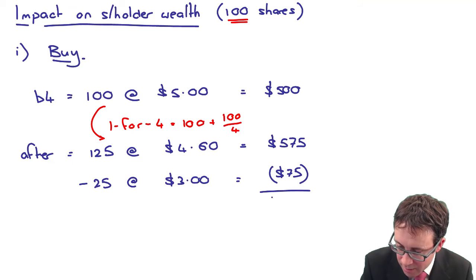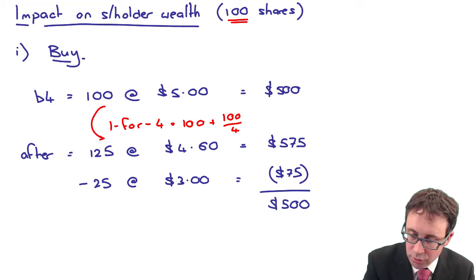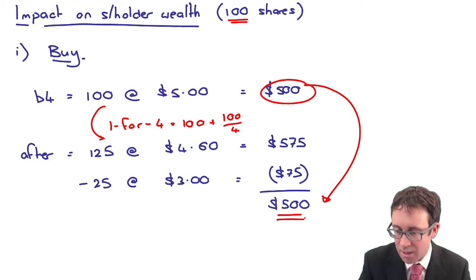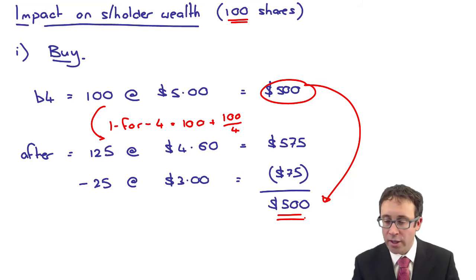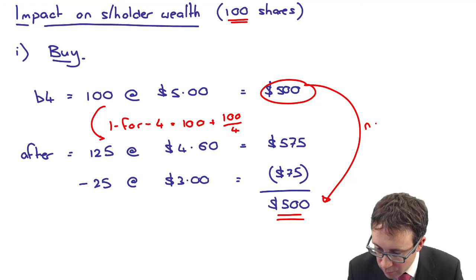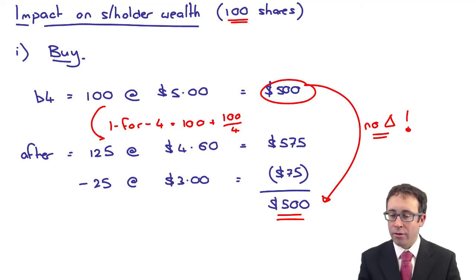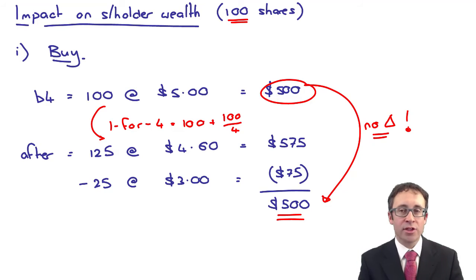If I deduct that, I get 500. And you can see there that there has been no change in shareholder wealth, provided that you buy the shares.